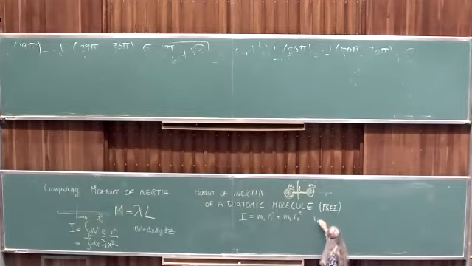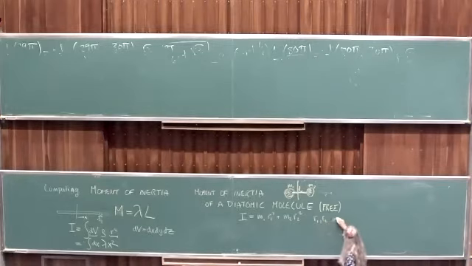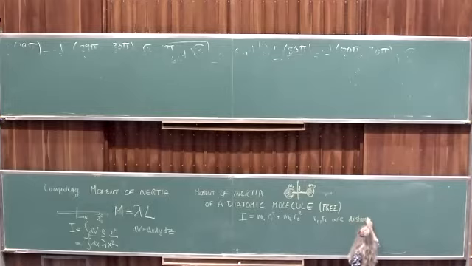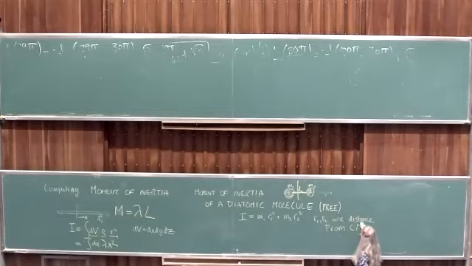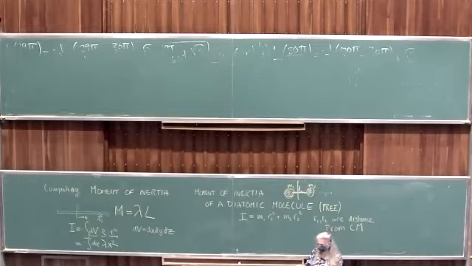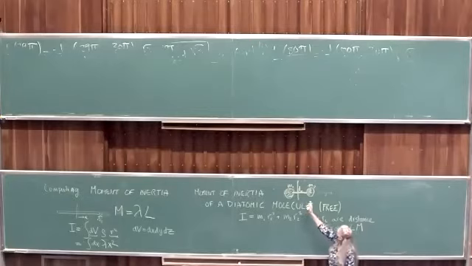But r1 and r2 are distances from the center of mass. So it's just like one of the problems we did last week on computing the center of mass. We just need to figure out the distance of this mass from the center of mass and that mass from the center of mass.